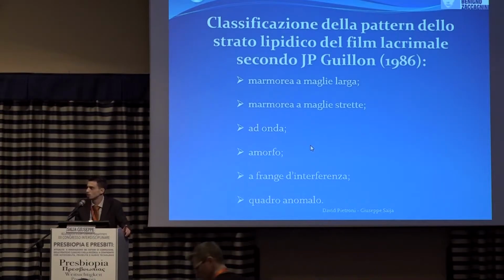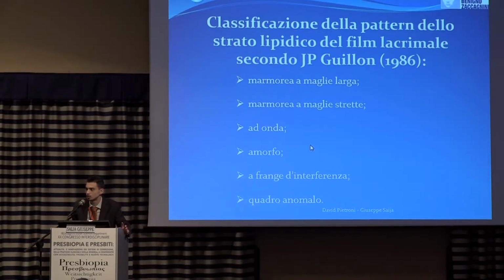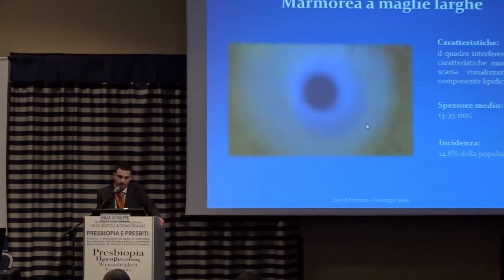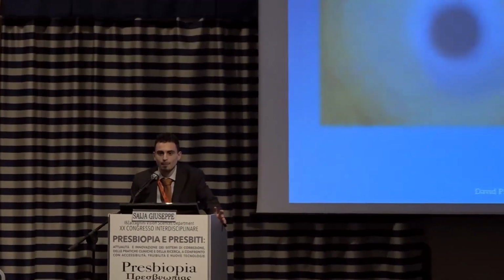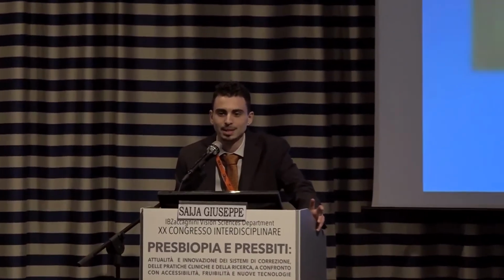As for the classification of the lipid layer, Guillon identified 6 possible patterns where the lipid layer can fit. Let's look at them. First of all, you have the wide-link marble-like pattern with mild lipid coverage.